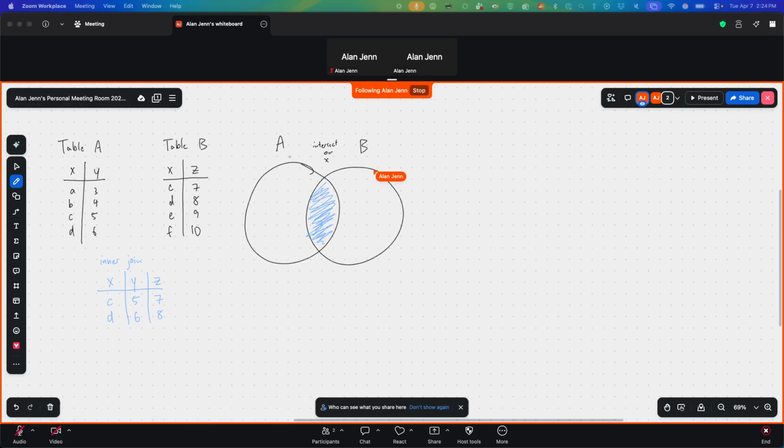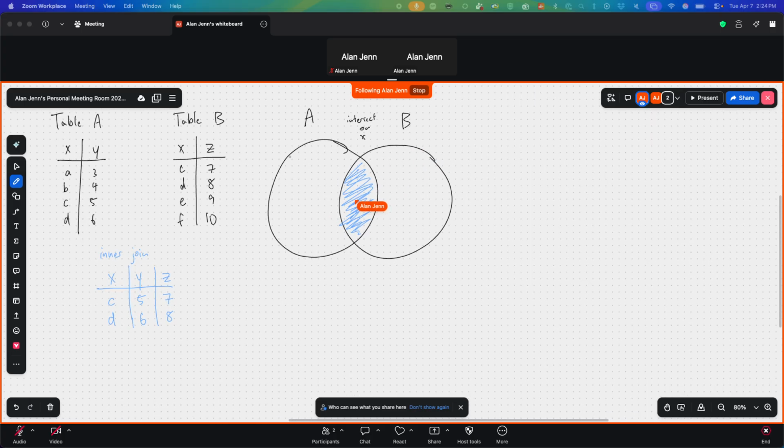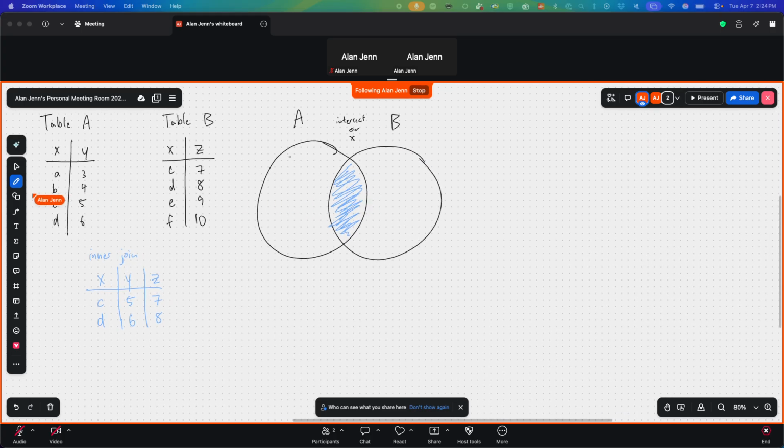But actually there are a couple of other types of merges that we can do. We can also do a merge that preserves all of the information from one of the initial tables. So this would be called a left join.